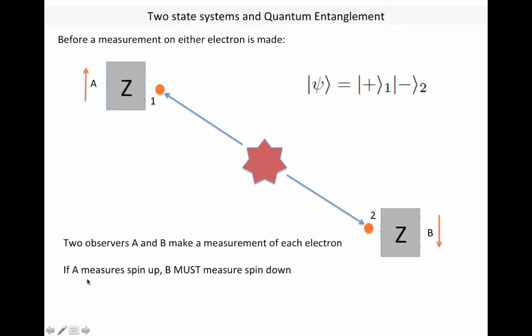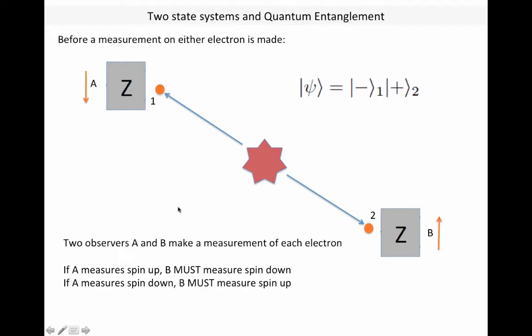Well, if A measures electron 1's spin to be up, we know immediately that electron 2's spin must be down. That's the only possible option, and that is what B must now measure. And in that case, the wave function collapses into this form: electron 1 spin up, electron 2 spin down.